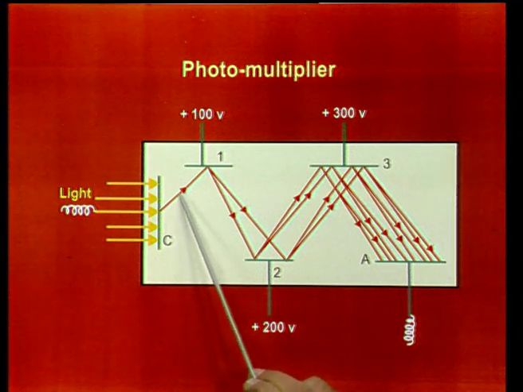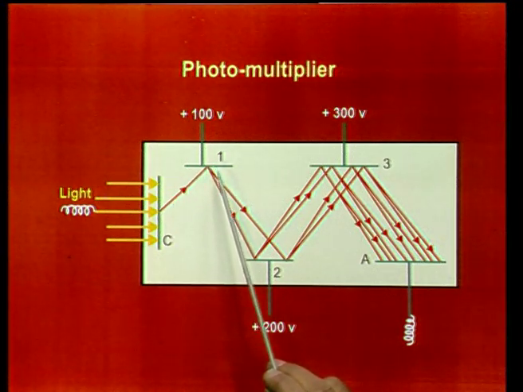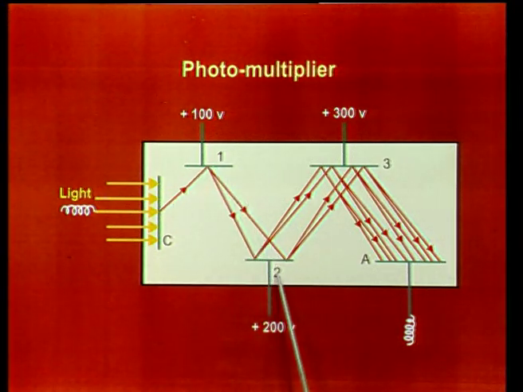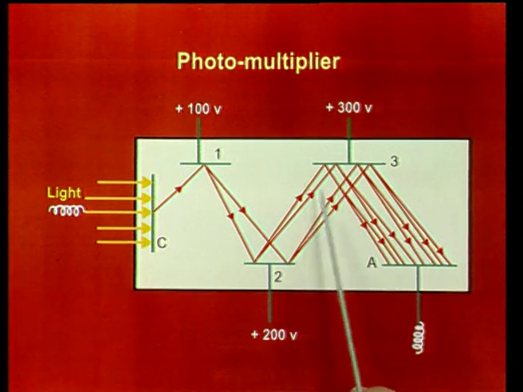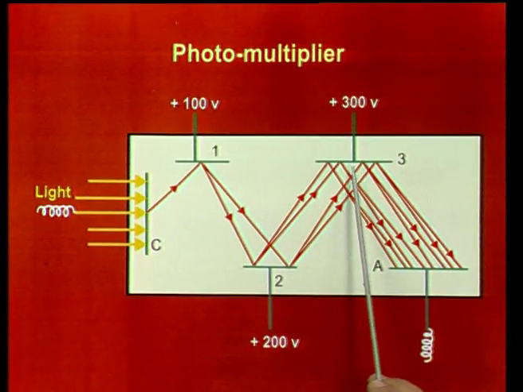So, here one ray is falling on that and it will become 2, and at the second diode these 2 rays falling will become 4, and at the third diode these 4 rays falling on this will become 8.